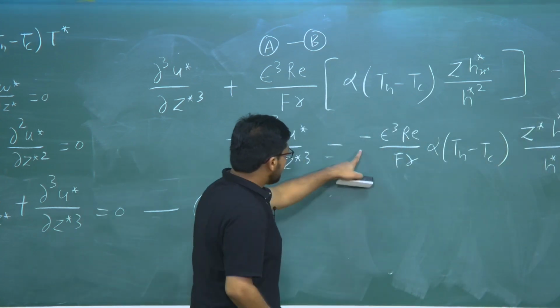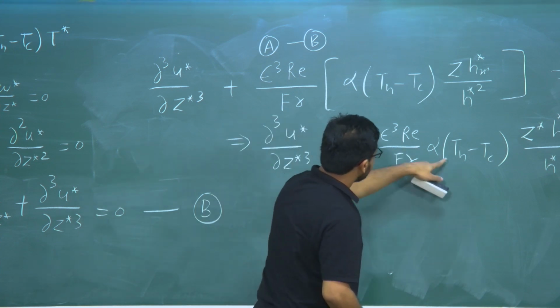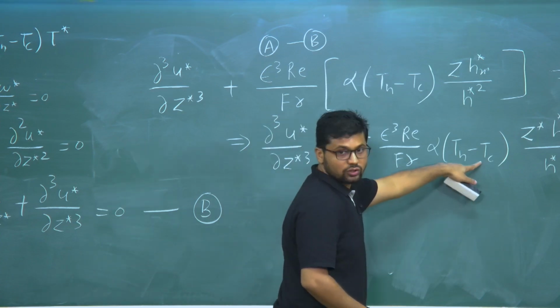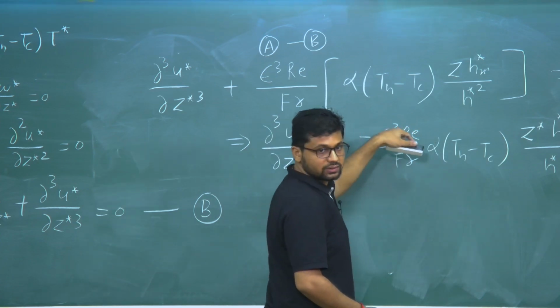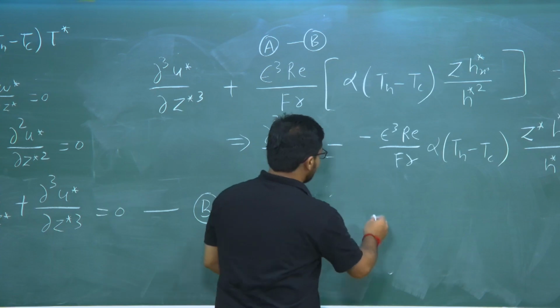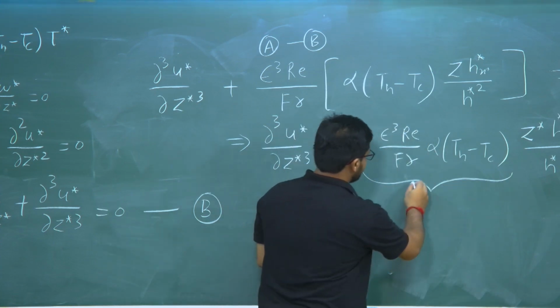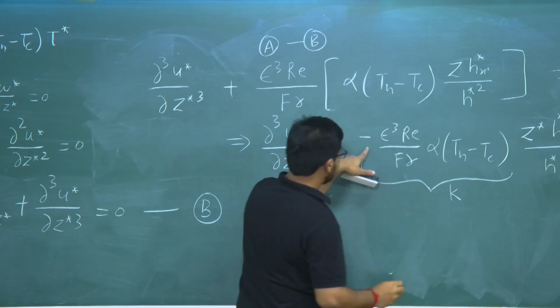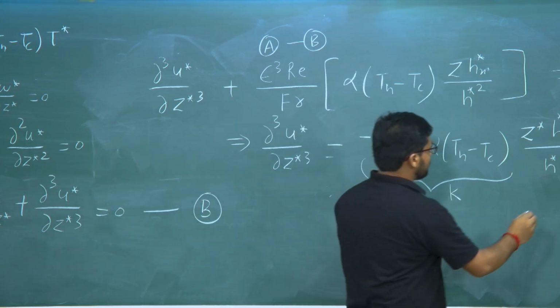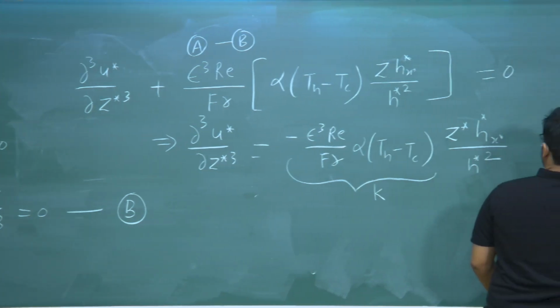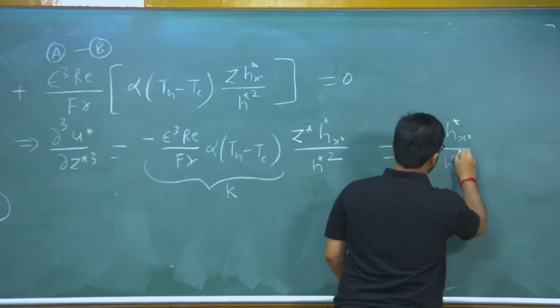You can see that these quantities depend on the physical parameters, and Th minus Tc is also constant because we said the temperatures are 37 and 33. So, these are all constants. We will assume that this is nothing but k, including the minus sign. So, this becomes k into h_x* upon h*² into z*.